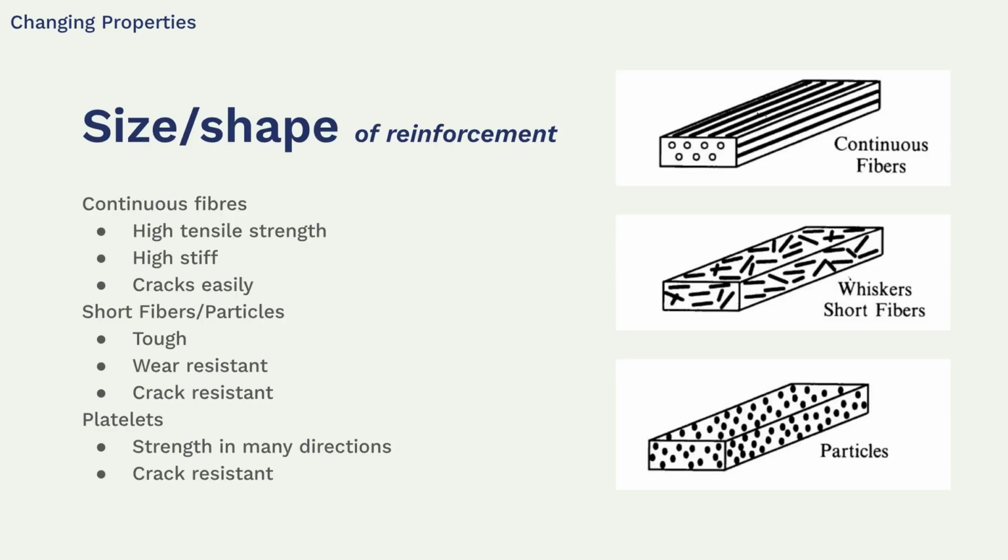In terms of the size and shape of reinforcement, continuous fibers provide high tensile strength and high stiffness, but crack easily. Short fibers or particles are tough, wear resistant, and crack resistant. Platelets are strong in many directions and are also crack resistant.